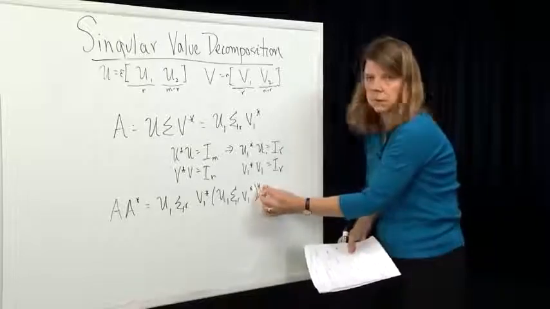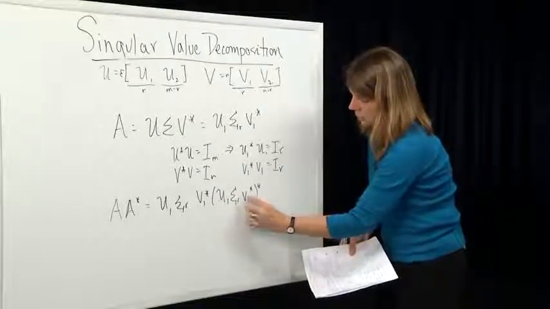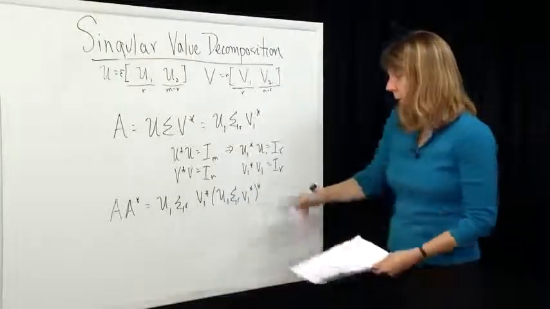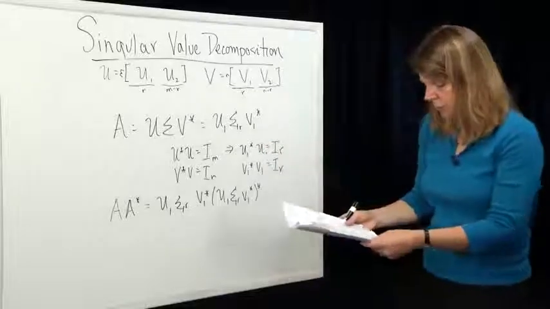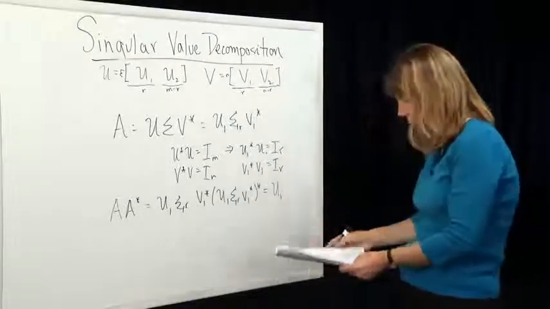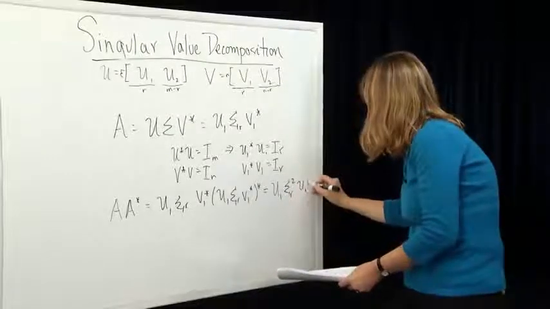Then we bring the complex conjugate transpose inside that product, which reverses the order. Using the properties we've just derived, that simplifies quickly to U1 Sigma_r squared U1 star.